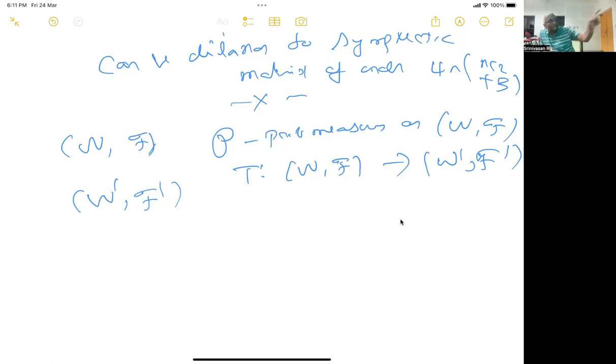So this is a nice map, and it will actually take measures from here to there.